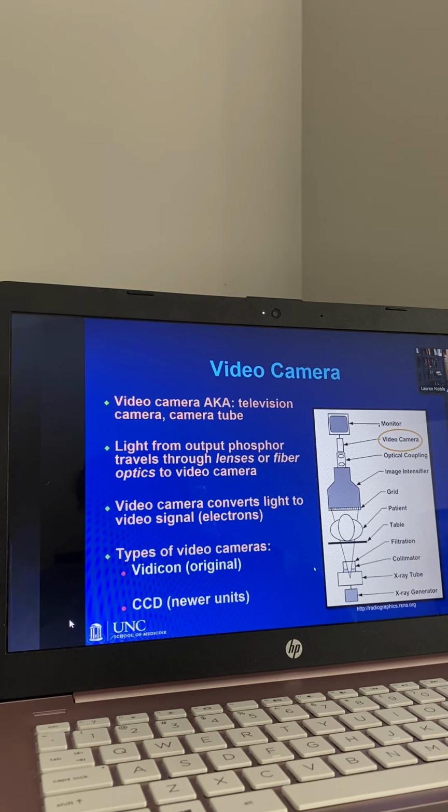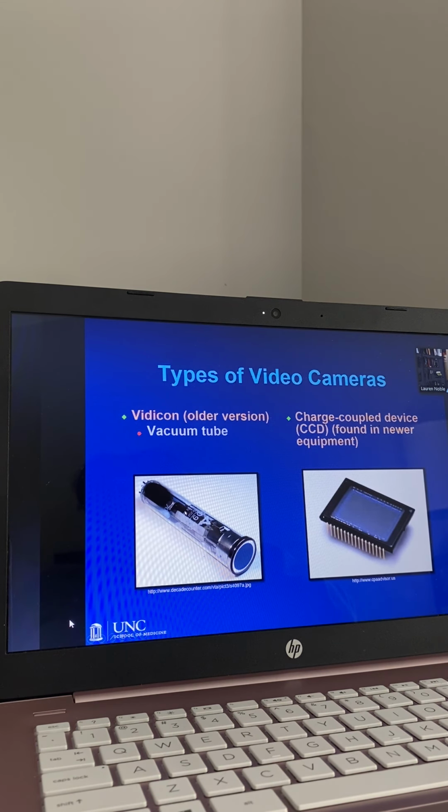This is what a Vidicon looked like. It's a vacuum tube. It would have either lenses or fiber optics connected to it, and that light would come in, and this vacuum tube would take that light and convert it into electrons and then send it to the television monitor to be displayed. Newer units have a CCD.